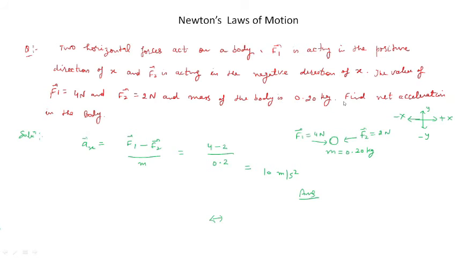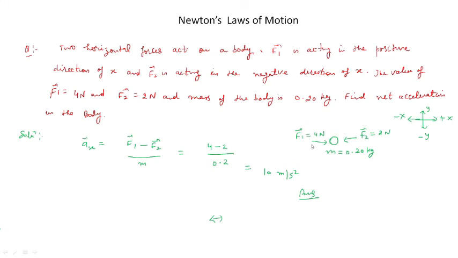Here we have to find net acceleration of the body. Because forces are applied in the direction of positive x and negative x, we will consider a net force, because in the positive x direction a force of 4 Newton is applied and in the negative x direction a force of 2 Newton is applied.